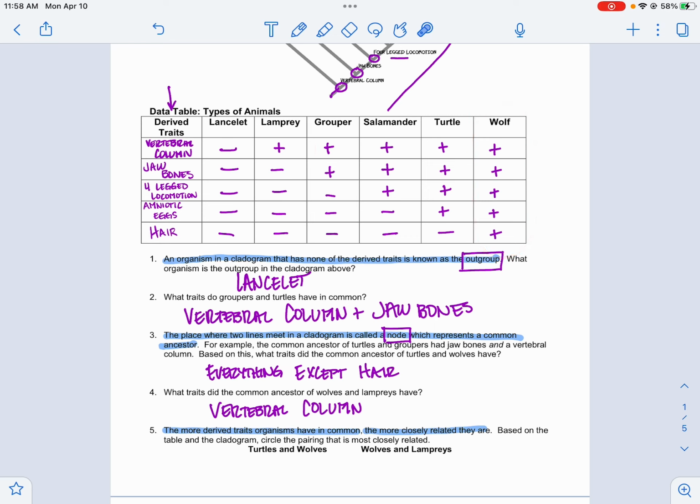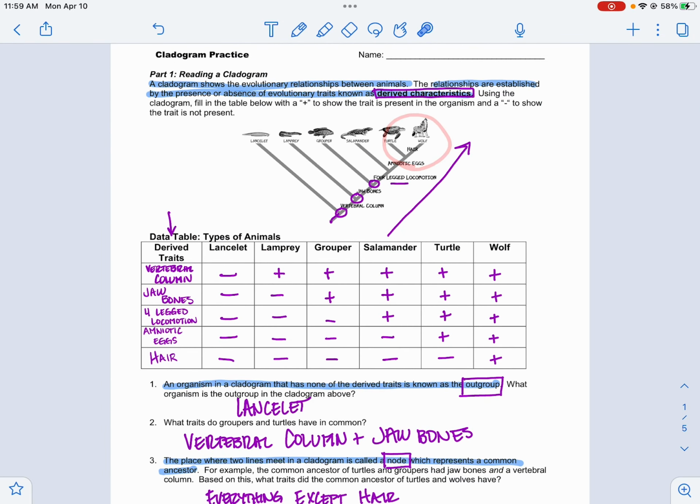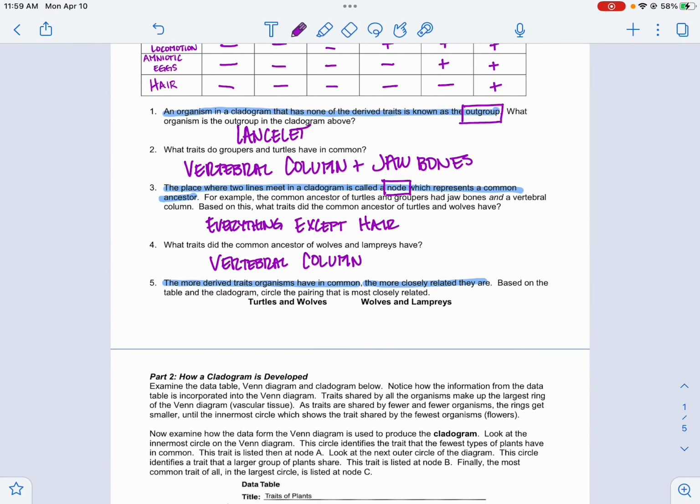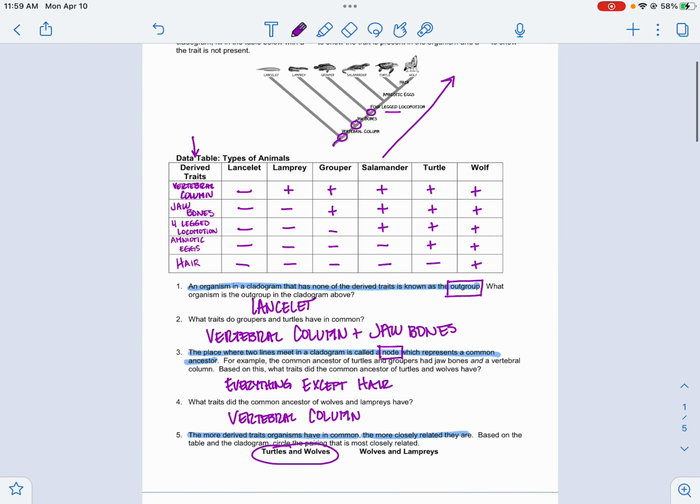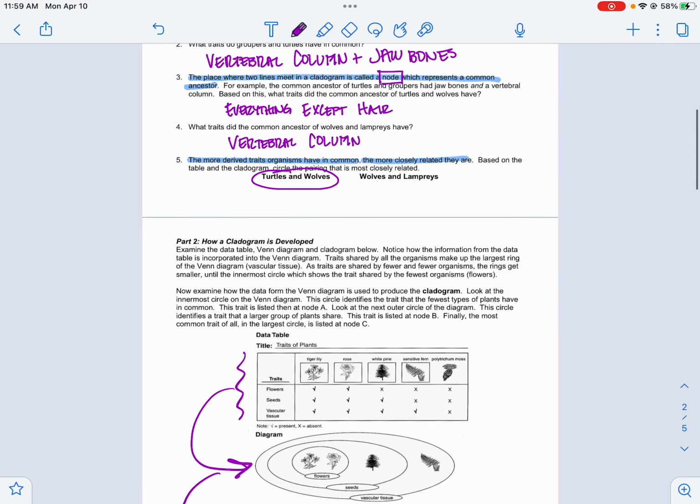Notice when we compare the two, wolves and turtles are much more similar. They have more pluses over here in this chart. They are closer together on the cladogram, all right? So wolves and turtles are going to be more closely related, okay? So that's kind of how you read a cladogram. Hopefully this is making sense so far.